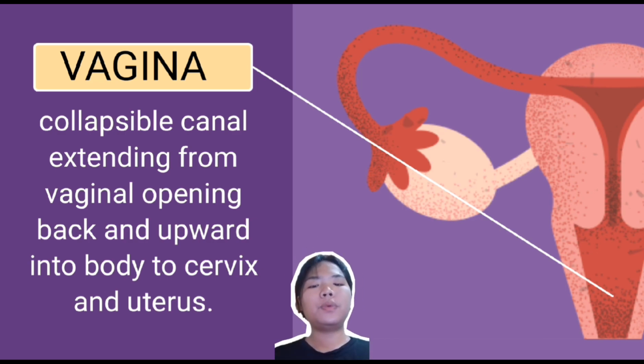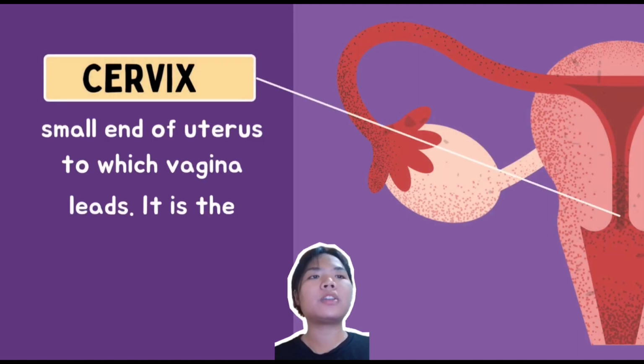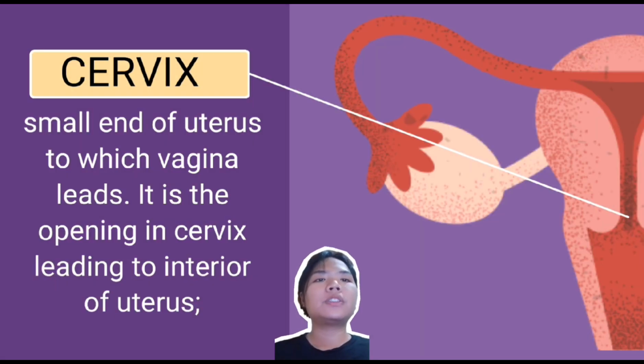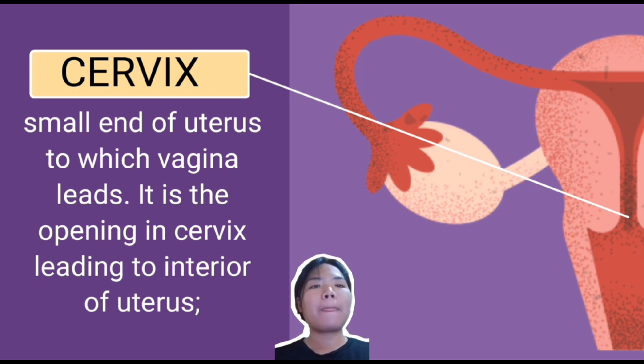Let's move to the next structure, the cervix. The cervix is the small end of the uterus, to which the vagina leads. It is the opening leading to the interior of the uterus.